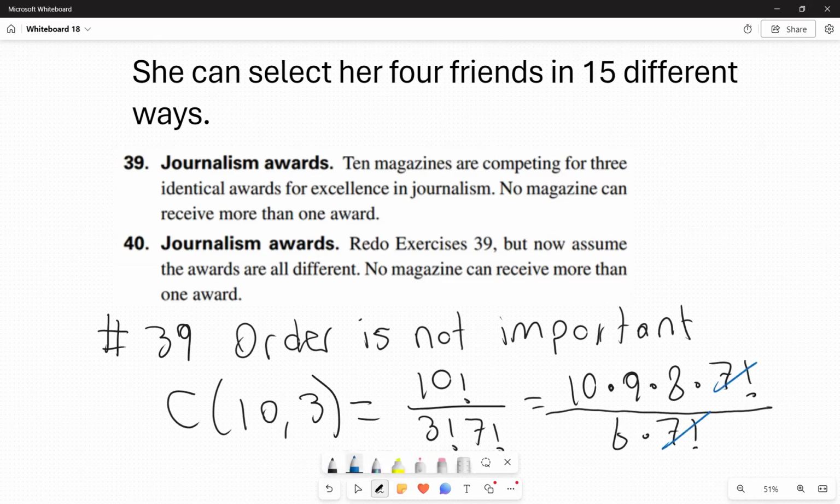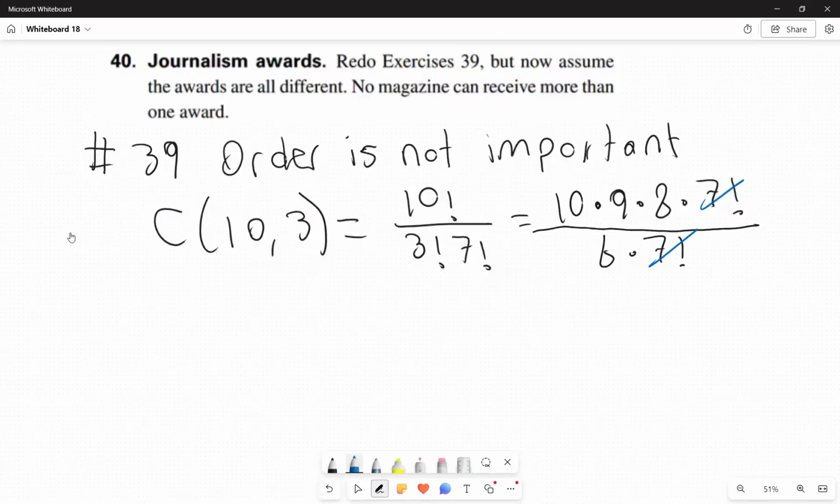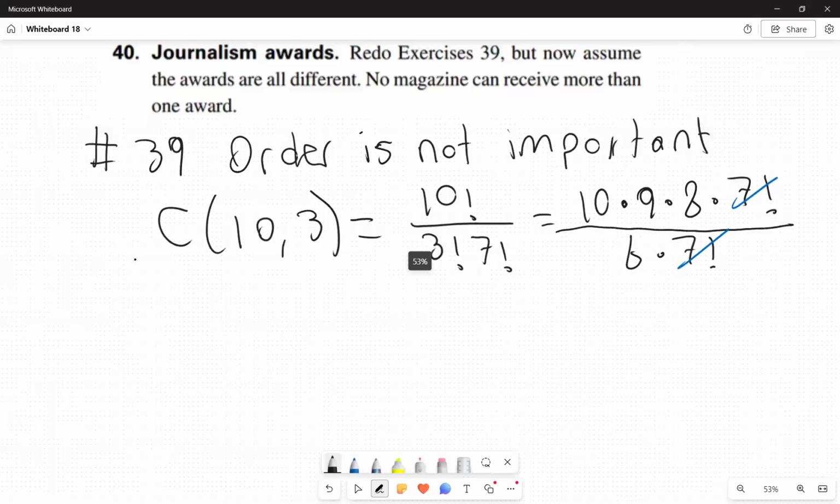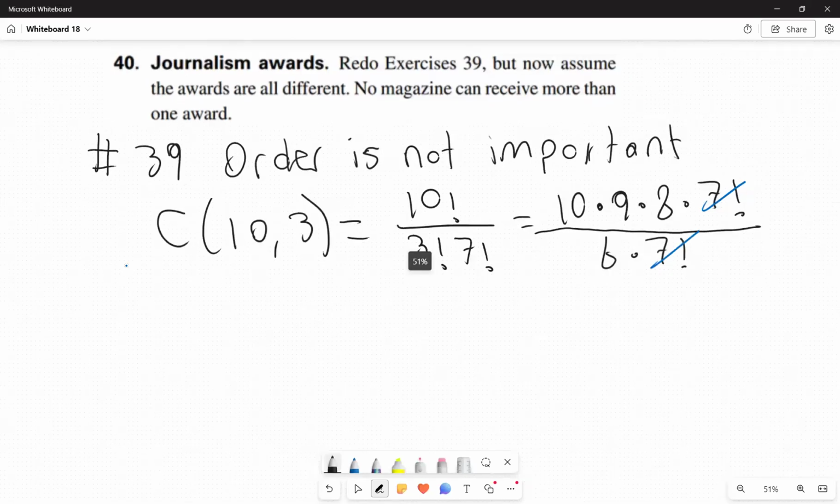We can cancel the 7 factorial. And then we can reduce some of these fractions, for example, 9 and 6 we can reduce as 3 and 2. And then 10 and 2 as 5 and 1.